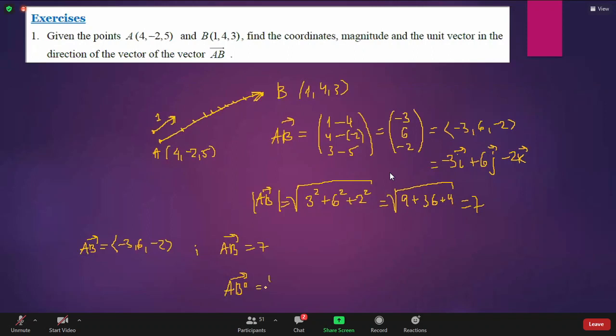So the unit vector will evidently be 1/7 of the vector whose length is 7. So 1/7 of the vector minus 3, 6, minus 2. The unit vector is minus 3 over 7, 6 over 7, minus 2 over 7. And that is the unit vector.